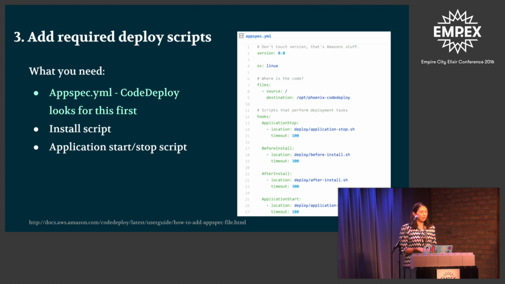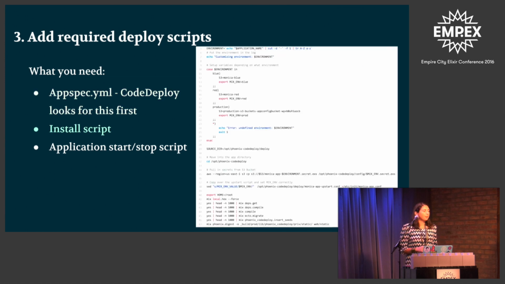It just tells you where your code is and what the steps required to deploy your application are. So in this case, I've got some install scripts as well as deploy start and stop scripts. If you're using a load balancer, you can also add in steps to register and deregister your EC2 instances as part of the process.